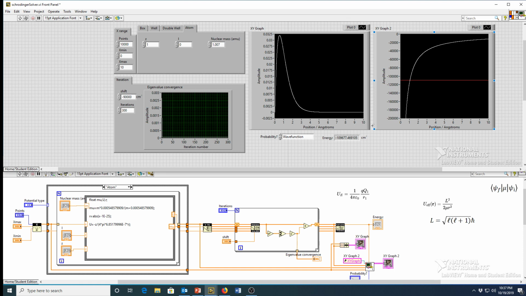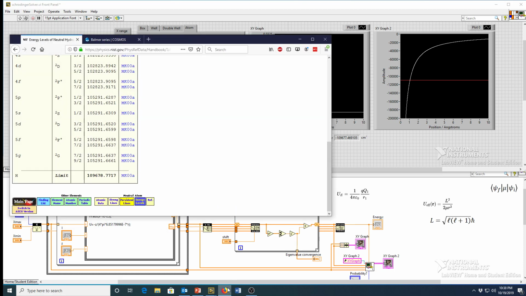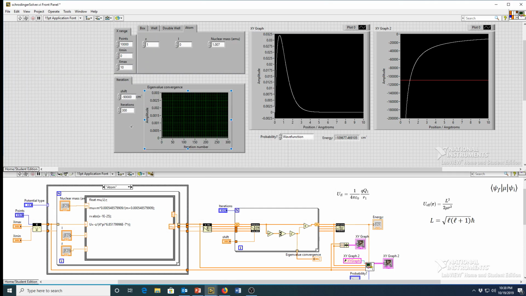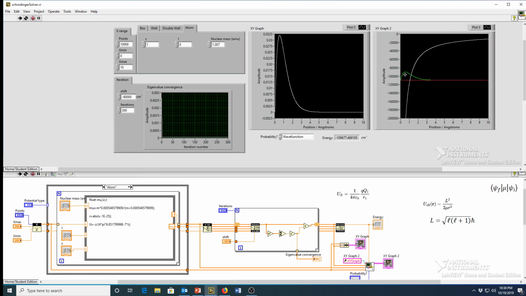And here is our first state. We've got, pull that up in a second. We've got our s orbital here. There we go. I'm just rerunning it, made the wave function renormalize there.